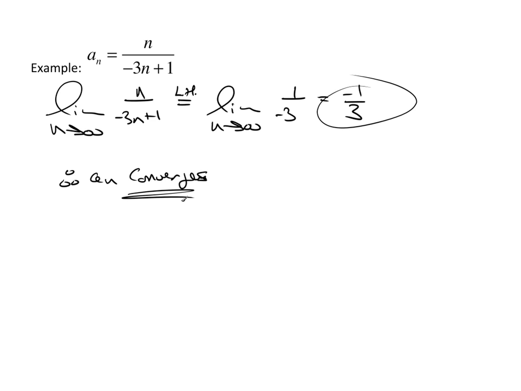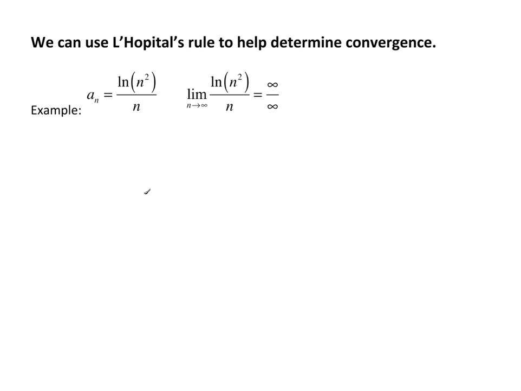Or we can say that a_n is convergent. Now I just used L'Hopital's rule on here, so let's go ahead and work with this and formalize this a little bit more. We can use L'Hopital's rule to help us with these limits.